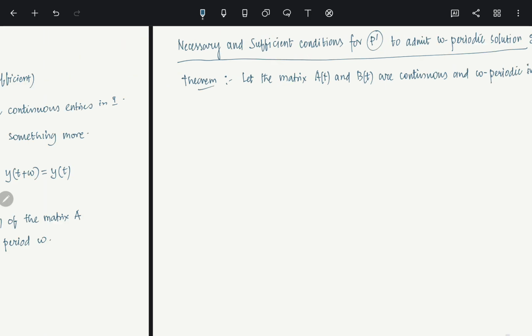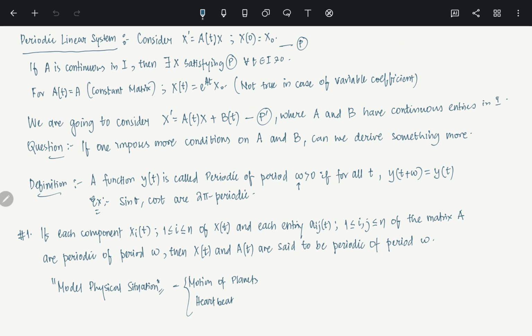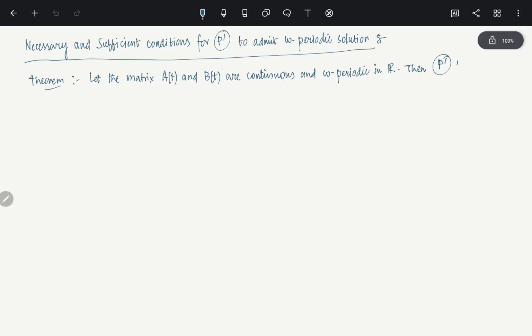Then this problem P prime, x prime equals A of t times x plus b of t, has a W periodic solution x of t if and only if x of 0 equals x of W. Is this okay?